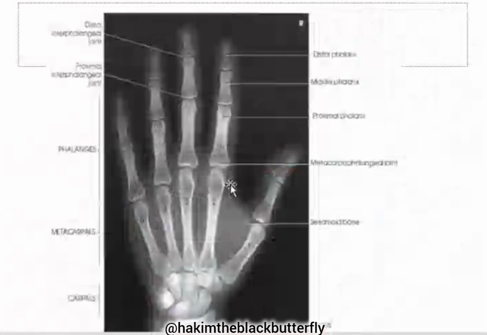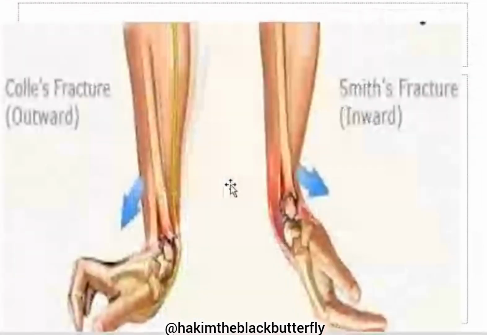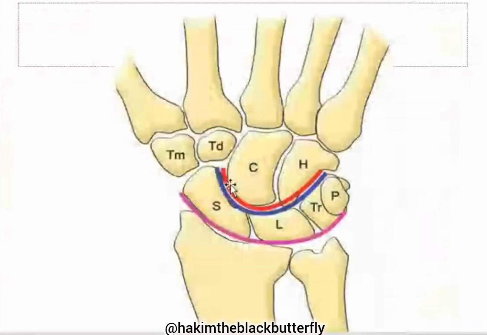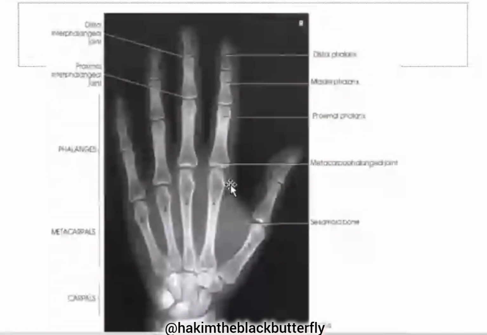We have begun with Smith's and Colles' fracture. Then we looked at the bones of the hand and the joints in between them. And I've emphasized the fact that you must identify them both in gross anatomy images and radiological images, because that is what you're going to be looking at.